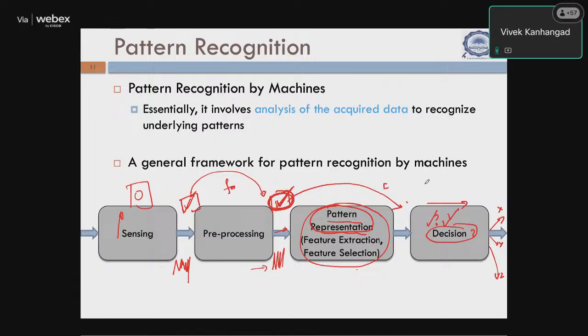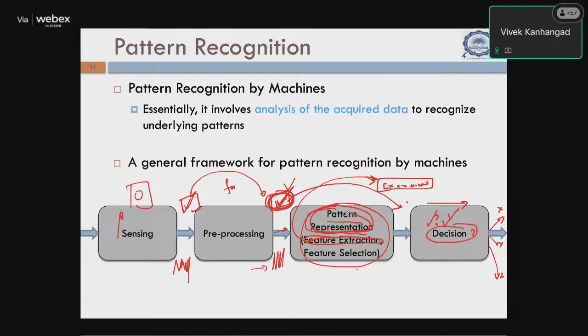So we need to come up with a numerical vector, typically what we call a feature vector, that has all the useful information of the object in the input image. This would be a very concise numerical feature vector, and we also call this process feature extraction, which may be more popular, whereas pattern representation is the more standard formal term.